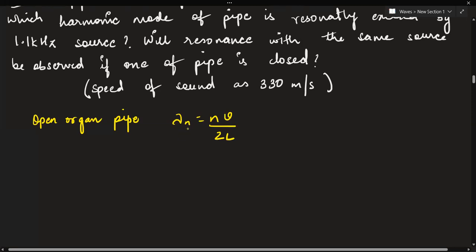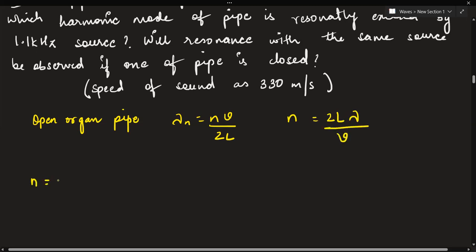We are not aware of this n, but we know the velocity, that is the speed of sound. We know the length of the tube. We know the frequency also. So only n is unknown. We can find n using 2l multiplied by the frequency divided by the velocity.